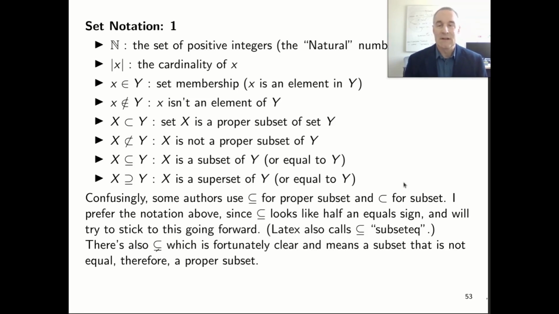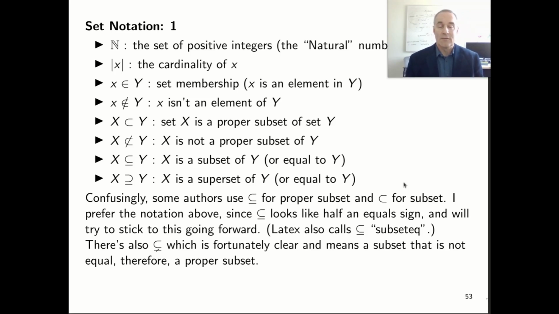Very confusingly, and this is quite unfortunate, people have used alternate notations in the literature. I think it's becoming more common, because it is a bit clearer, at least in my opinion, to use the thing that looks kind of like a letter C to be the proper subset, and the proper subset with a line under it is then subset, right, that it could be equal.